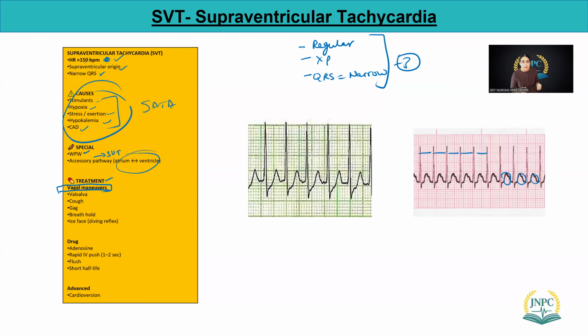And when you strain, have you ever noticed that your heart rate changes? Sorry, it is not going high. When you stimulate the vagus nerve, it is going down. When you really strain, it slows down. So in SVT, your first priority is to stimulate the vagus nerve.